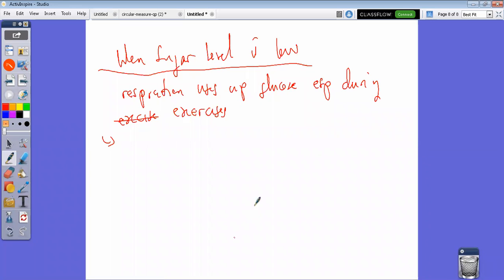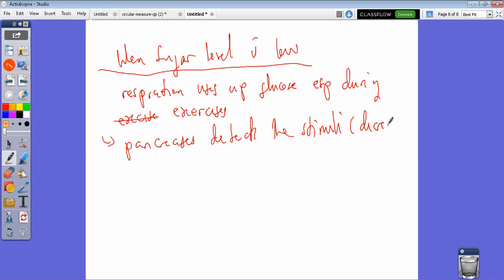Now, look at this. The pancreas detects that. Basically, the pancreas detects the stimuli, which is a decrease in sugar level.